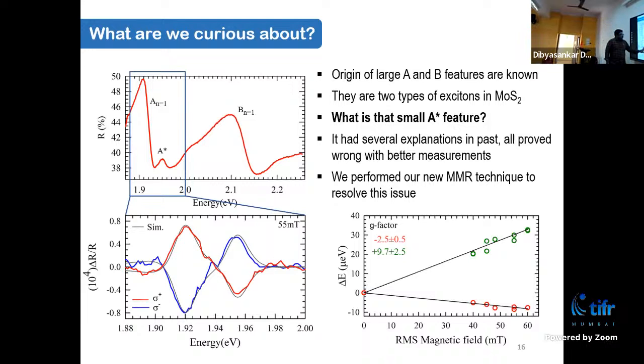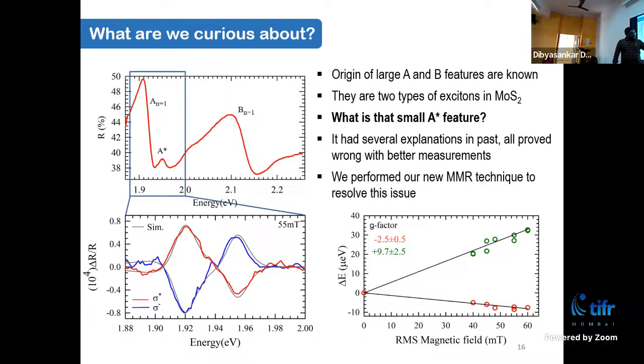If any of you are interested, I can describe how we extract this, but in a public talk, I don't want to involve mathematics. You can extract the Landau factor, what I told you before, from this curve. We have estimated the Landau factor: the red dots are for this peak, and the green dots are for A star.